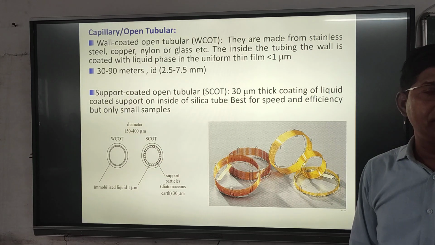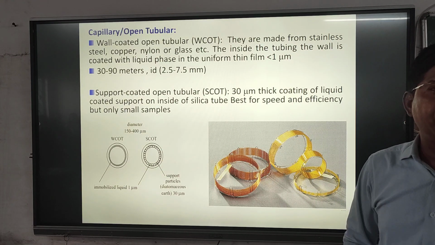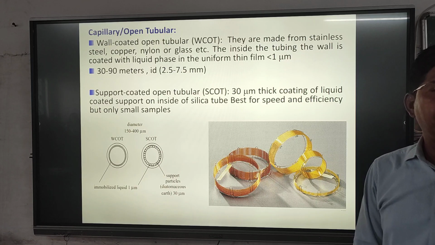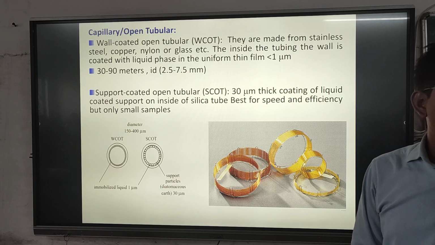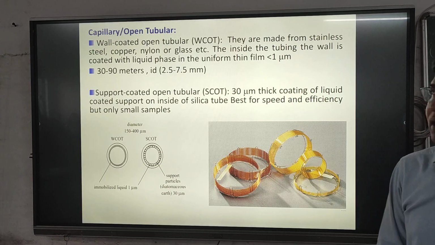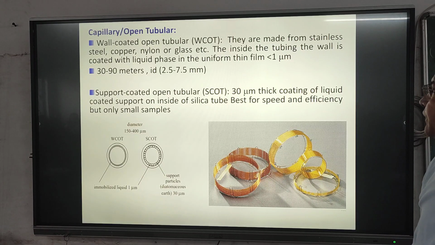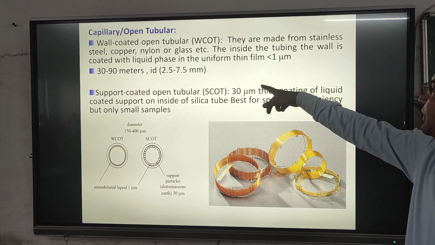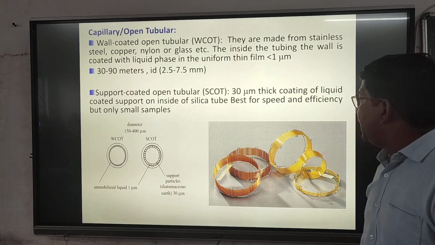So you can imagine, the more the length of a column, the more compounds you can separate in a single run, and ID is 2.5 to 7.5 mm.